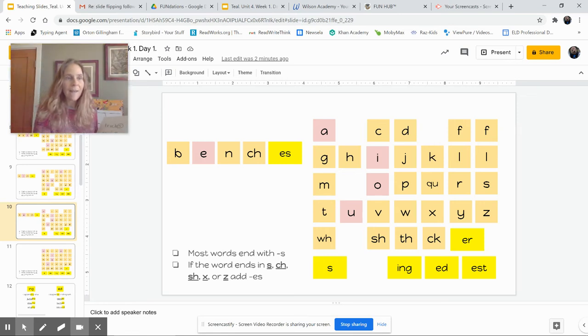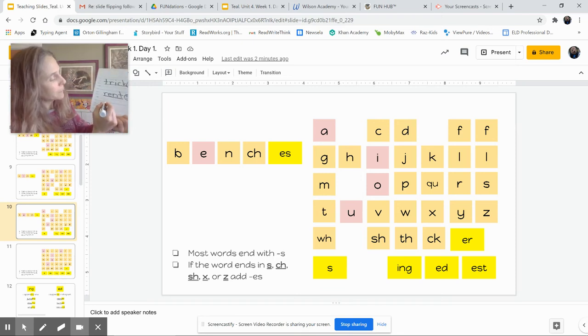My next one is fixes, like she fixes the bike. Let's tap out the base word fix. Fix. Now we're going to write our base word. Good job if you got that X there.